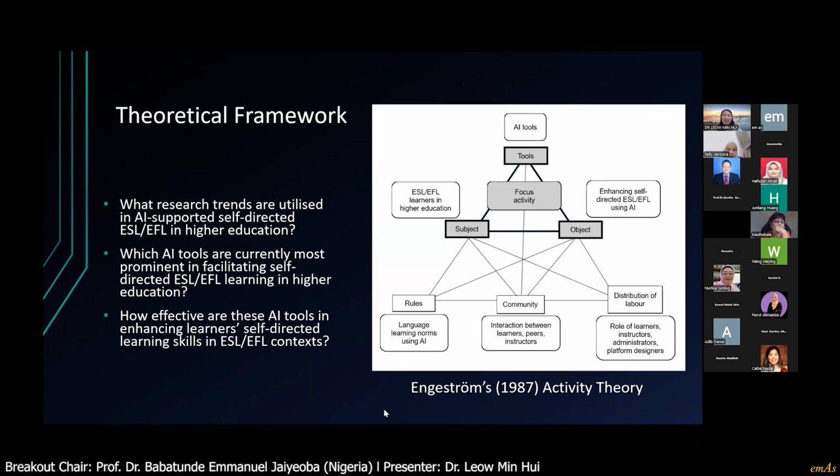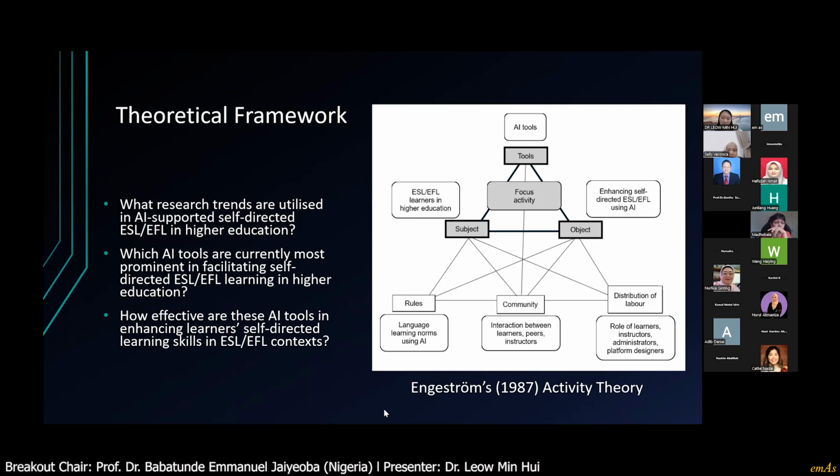In this context, learners use AI tools to reshape their practice, while instructors, developers, and peers influence the adoption of AI.